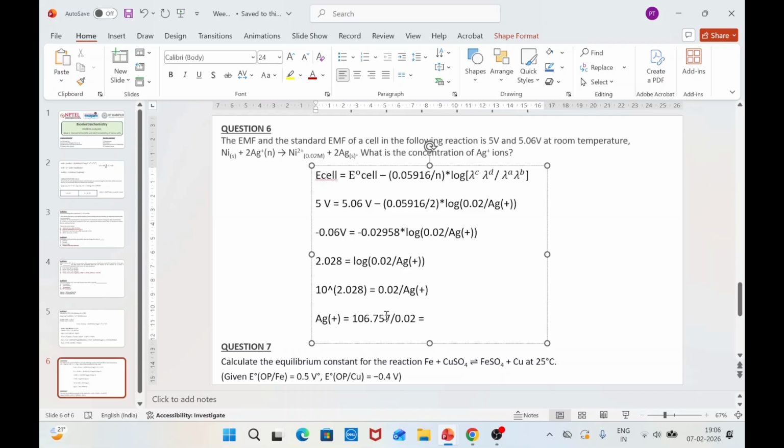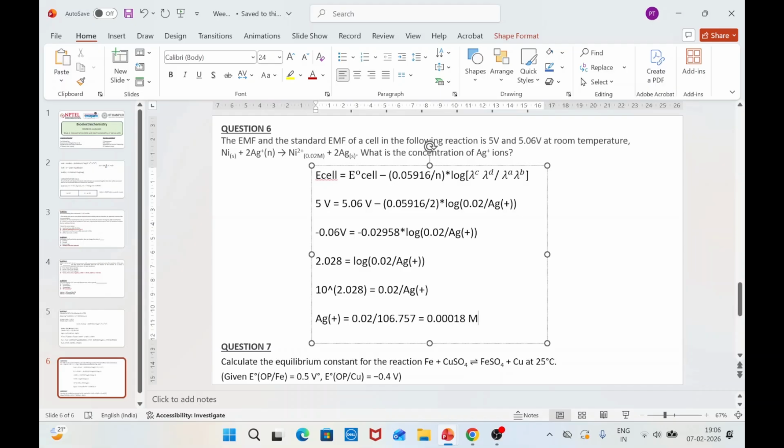Oh, no, no. It should be 0.02 by 106.757. So that would be 0.00018 molar.